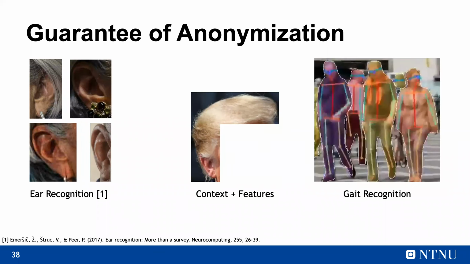Another one is gait recognition. The human gait is quite easy to recognize, and it's easy to track people through video data by recognizing gait. This is used in practice currently. And by anonymizing the face, you're not getting away with this problem if you're recording video data.